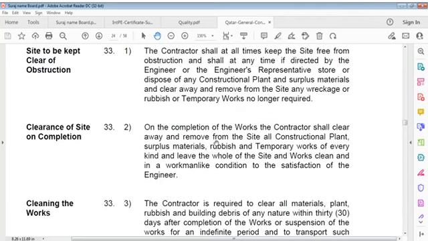Site should be kept clear of obstructions, that is the clause.